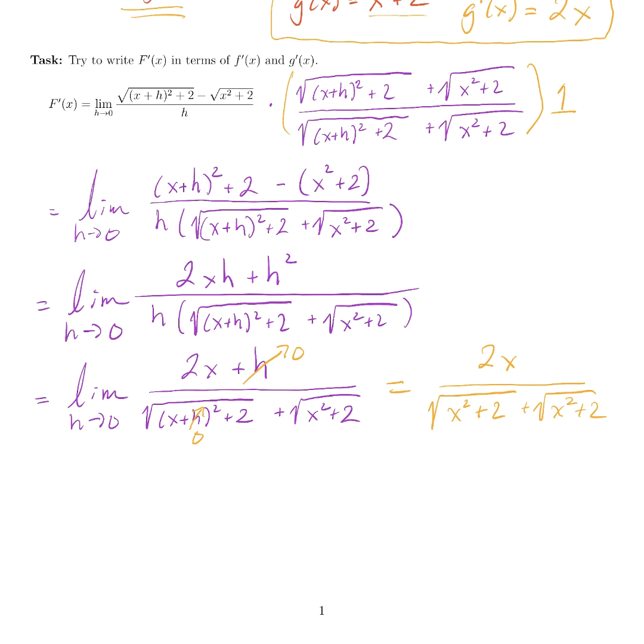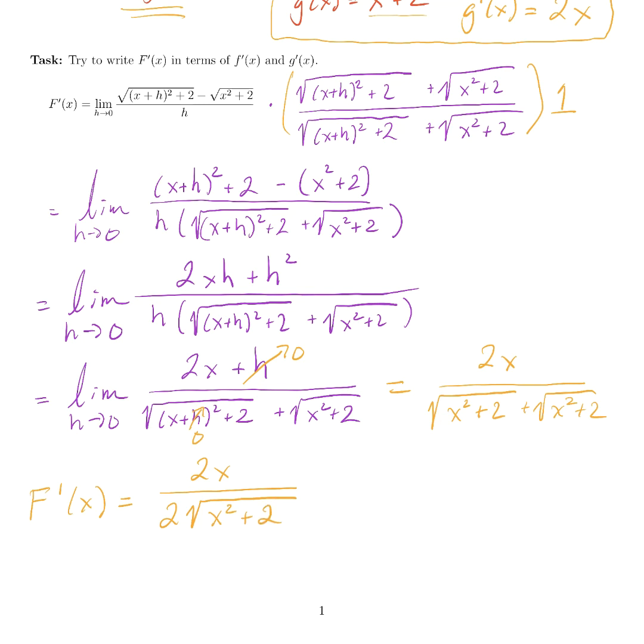Okay, so that tells us that the derivative we were looking at, f prime of x, is 2x, and in the denominator we have 2 copies of the square root of x squared plus 2.